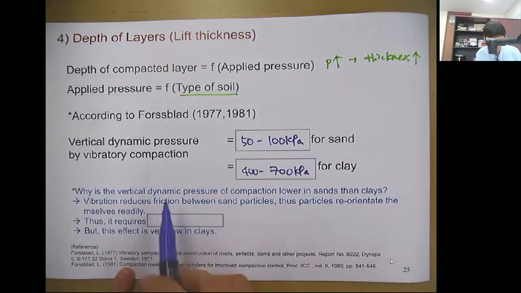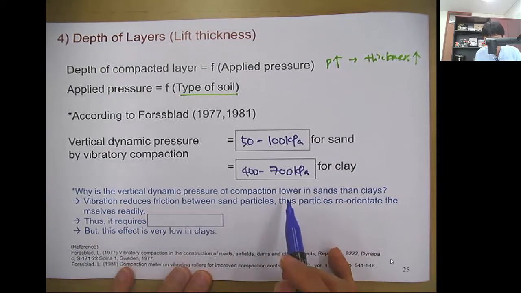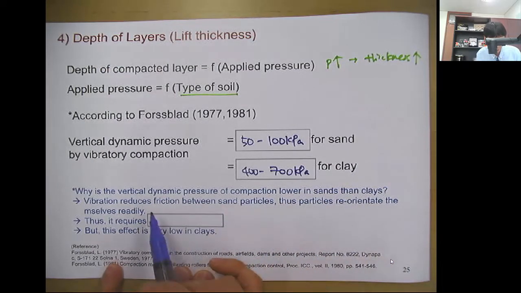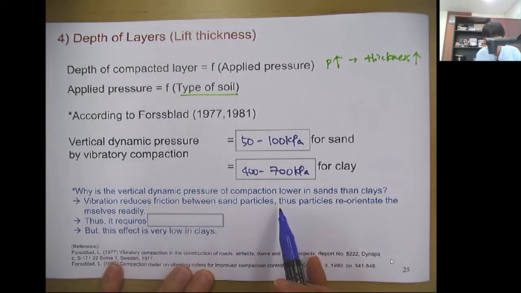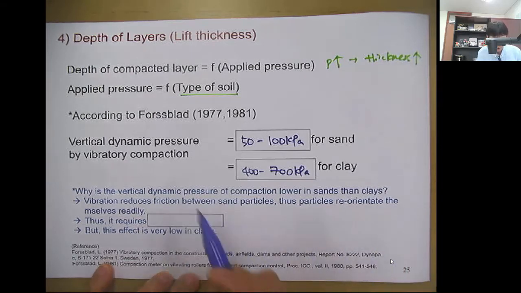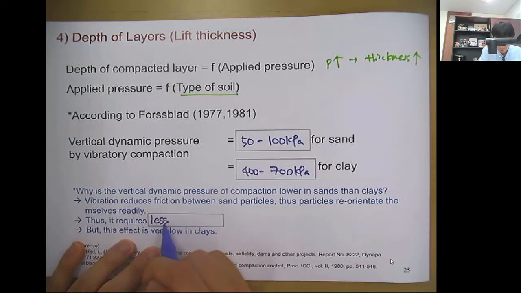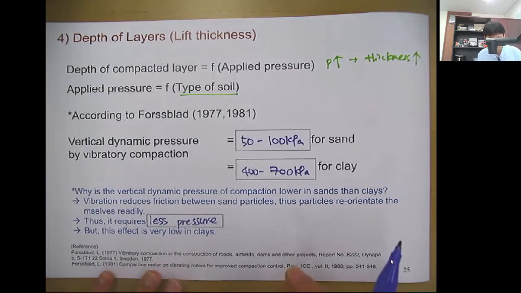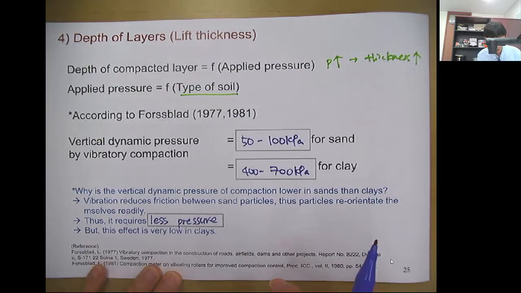So why is the vertical dynamic pressure of the compaction lower in the sands than the clay? Vibration reduces the friction between the sand particles, thus the particles rearrange themselves readily, so it requires less pressure or less force to rearrange the particles to the denser state. But this effect is very low in clays.